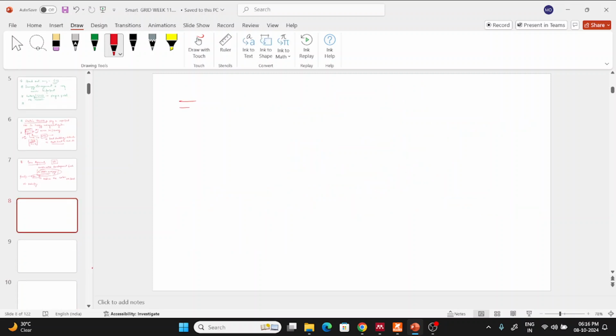Energy management will reduce the wastage of energy.